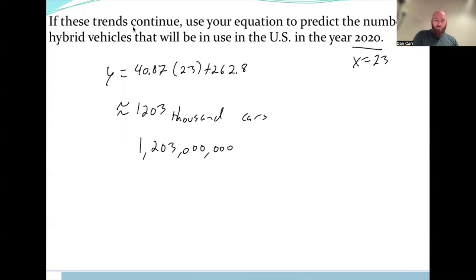One second here. Sorry, I just had to double check the calculator. Yeah. So that is 1,203,000. So it's 1,203 thousands, which is over a million there. Okay. So in the year 2020, we would expect there to be that many vehicles that were hybrids.